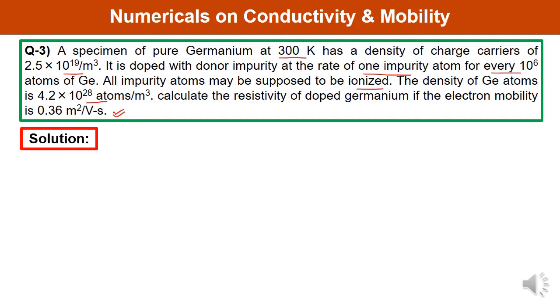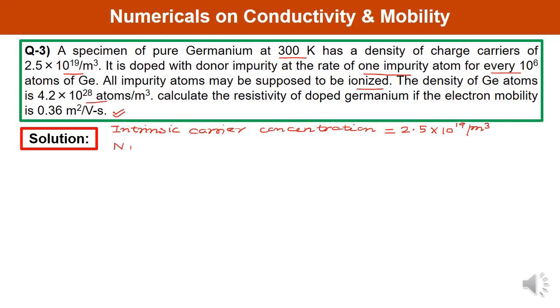It means the intrinsic carrier concentration is equal to 2.5 into 10 raised to the power 19 per meter cube.